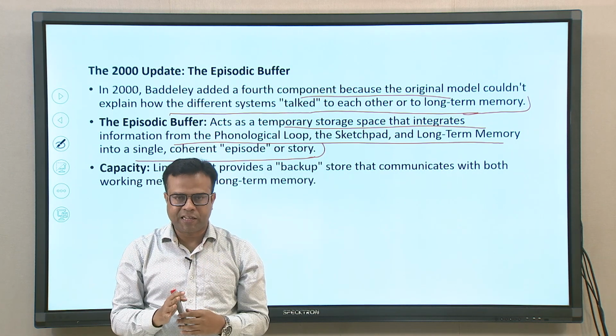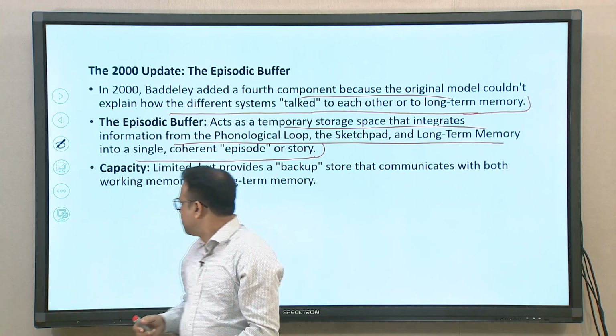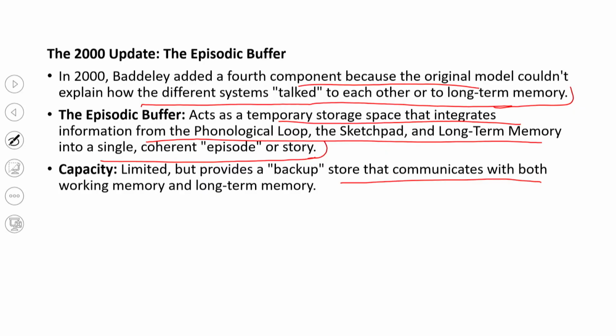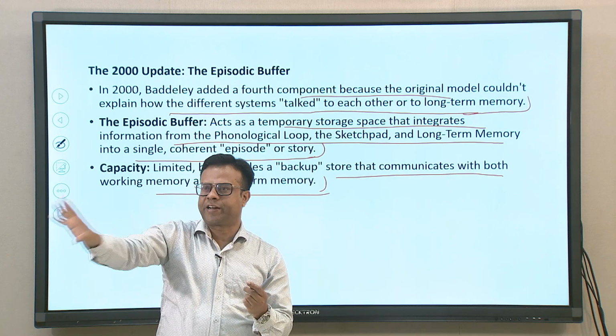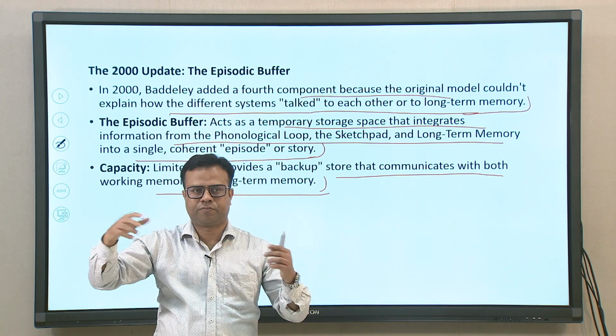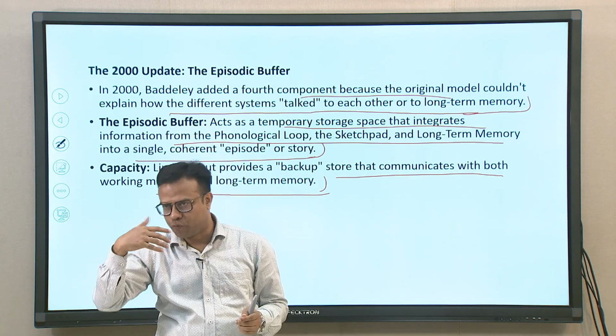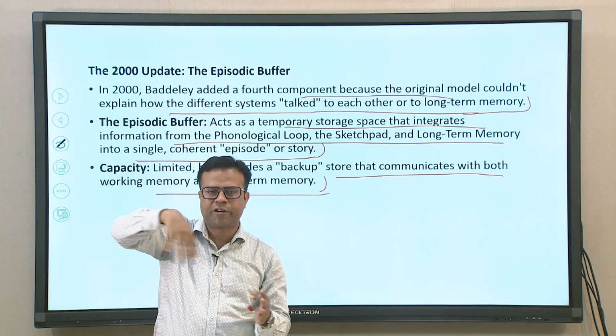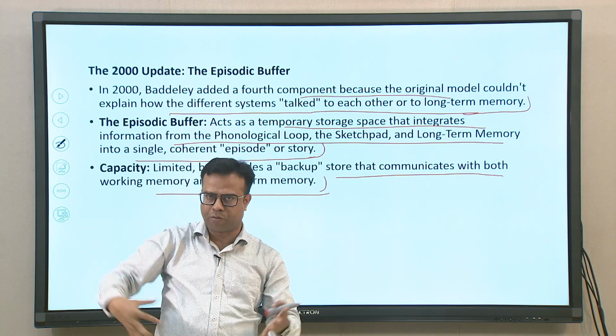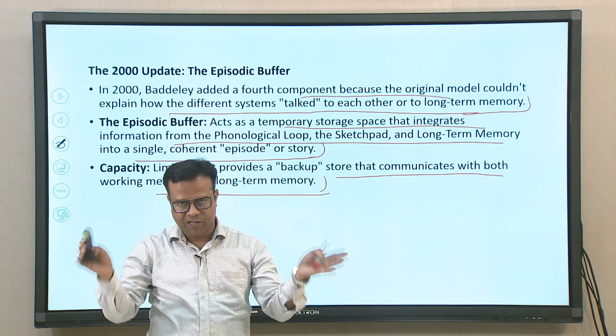It has a limited capacity, but provides a kind of backup store that communicates with both working memory and long term memory. They added this 4th component to explain a few research findings which could not be explained by the 3 component model. Overall, the central executive decides where to pay attention and what to respond, and it processes all the information in the subsystems.